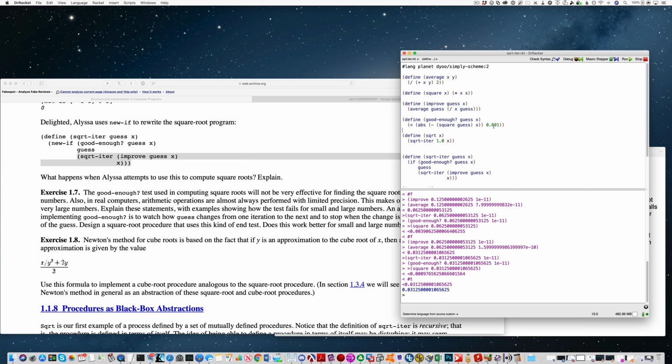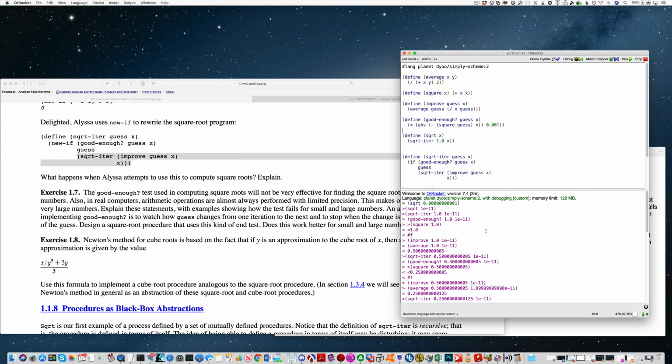And that's a fine threshold for normal numbers you might encounter in many situations, but it's not fine enough to catch really small numbers.